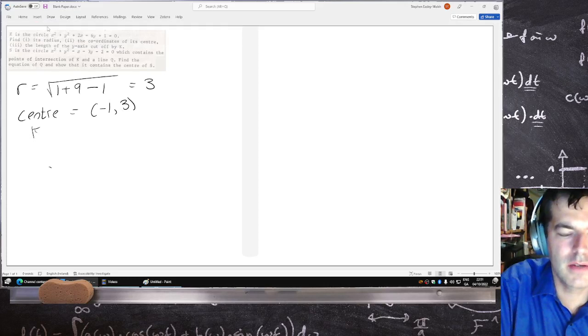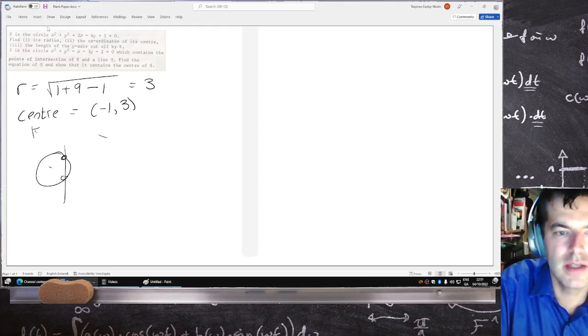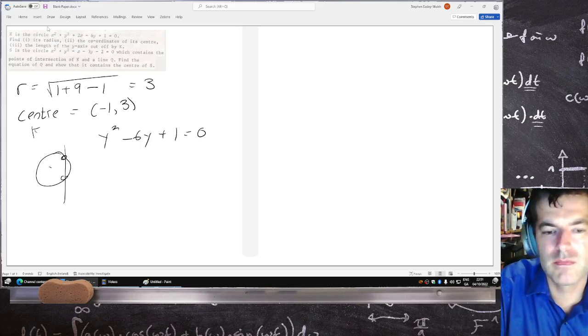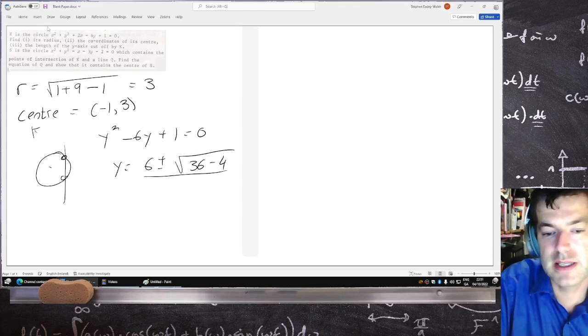So to find out where it crosses the y-axis, just make x equals 0. So you get y squared minus 6y plus 1 equals 0. y equals minus b plus or minus the square root of b squared minus 4ac, all over 2a, plus or minus root 32 over 2.